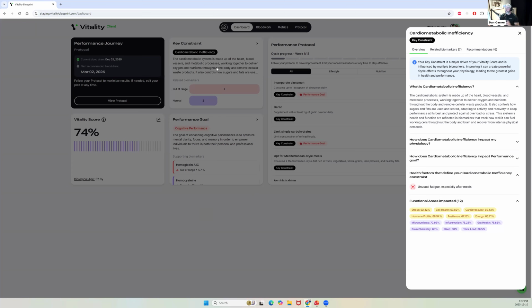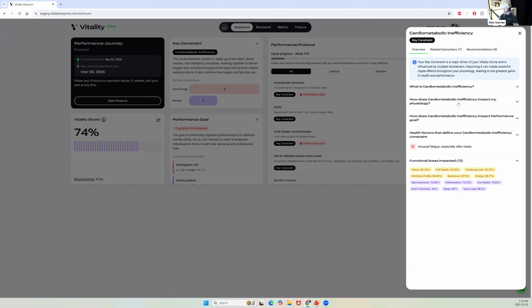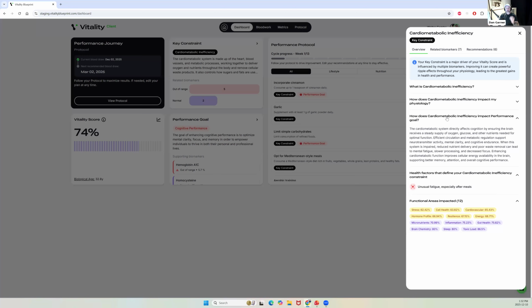Everything is connected to everything. So we've got this cardiometabolic inefficiency. We explain what it is, how it affects physiology at the systemic level, but then also how it affects the person at their goal level. So you're getting their emotional buy-in, you're getting their commitment. They now understand and can contextualize blood work.